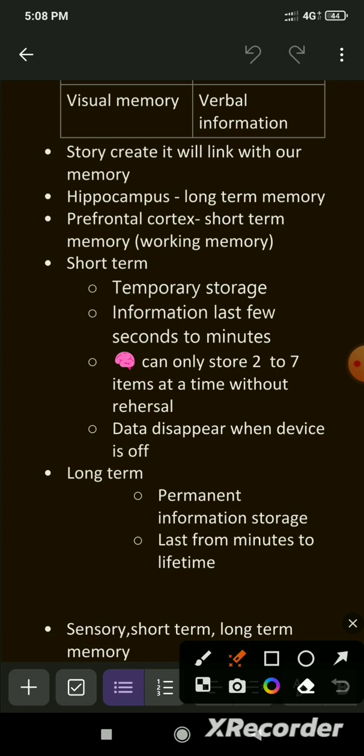The remembering capacity varies from person to person. But the more we rehearse, reciting the same item again and again, the more the memory will be retained in our brain.